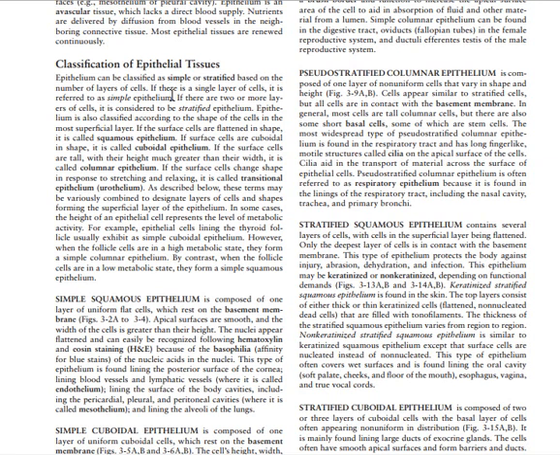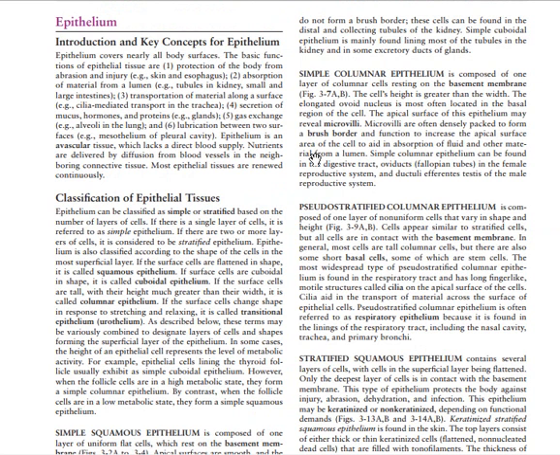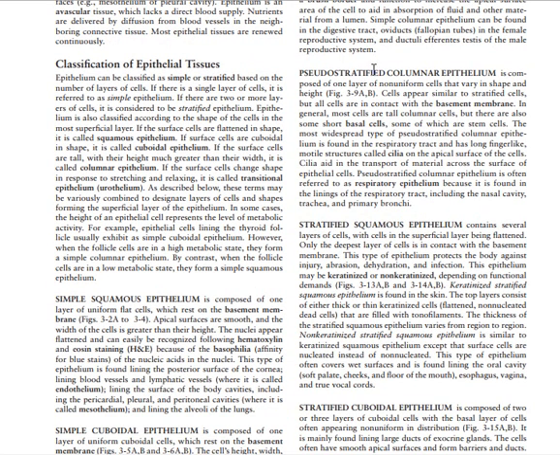When you say simple cuboidal epithelium, you have a single cell layer, and the cells in that layer are cuboidal. It goes the same with columnar, and also with pseudo-stratified. In pseudo-stratified, the point here is that they are falsely stratified.